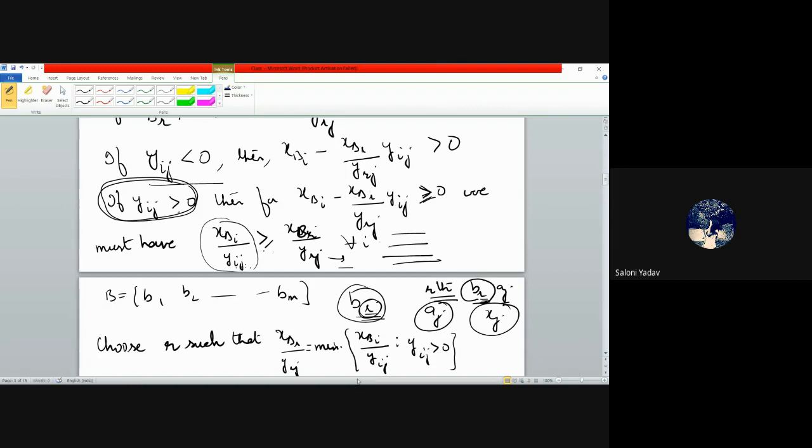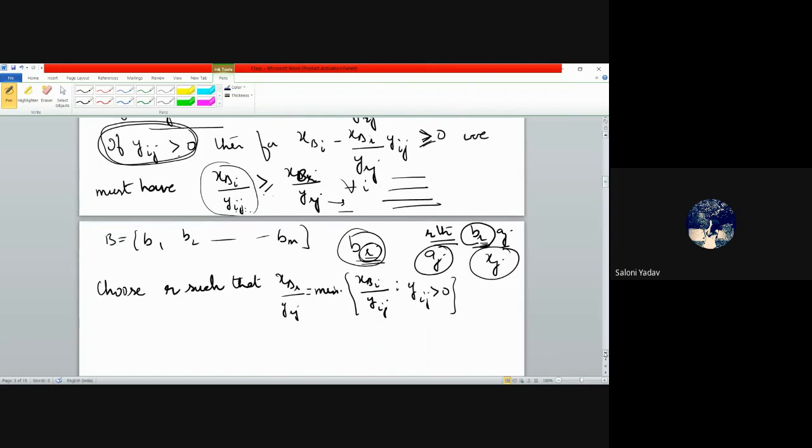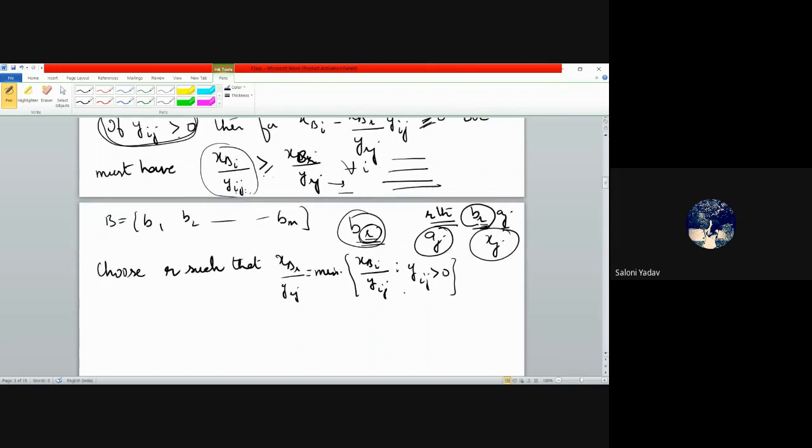Okay, I have chosen my R in such a manner. That means what have I done? I have considered these ratios for every i, and for, of course, a specific j. And I am choosing those ratios which are the minimum. Now whatever is the minimum, that I am calling my rth variable.